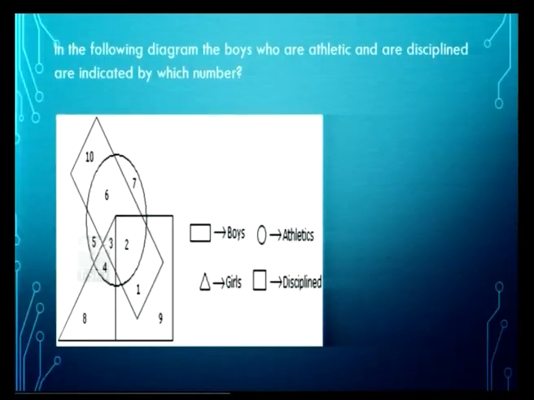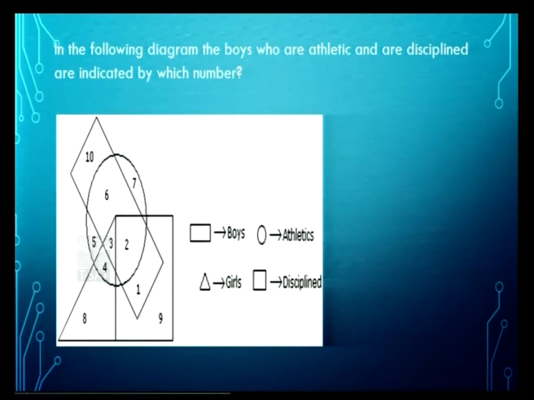Now, we are going to discuss questions which were already asked in previous examinations. Then you can analyze and interpret how much you understood of what I explained about the Venn diagram concept. Let us see. The question is: in the following diagram, the boys who are athletic and disciplined are indicated by which number?